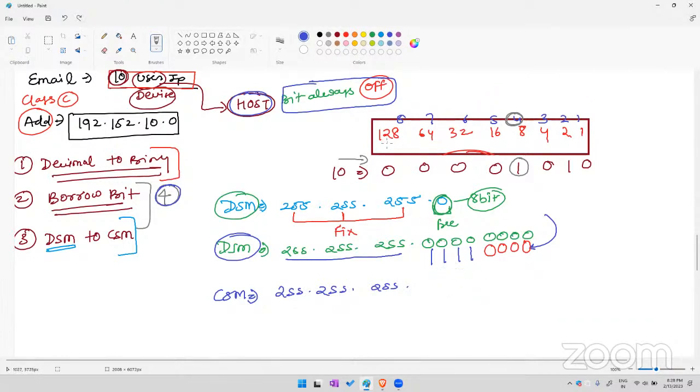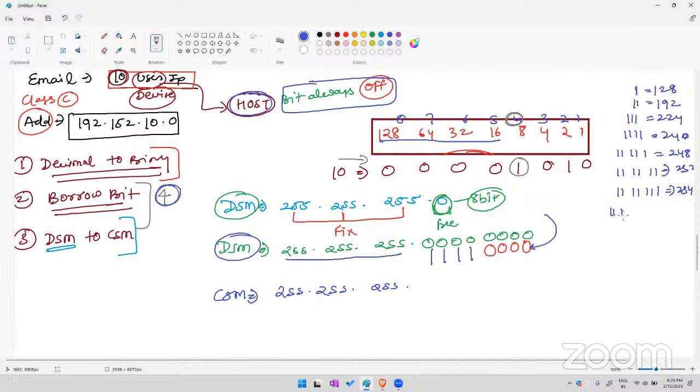If 1 bit is on, that means 128. 2 bits on, 192. 3 bits on, 224. 4 bits on, 240. 5 bits, 248. 6 bits on means 252. 7 bits, 254. 8 bits, 255, because if you add all the values, you get 255.